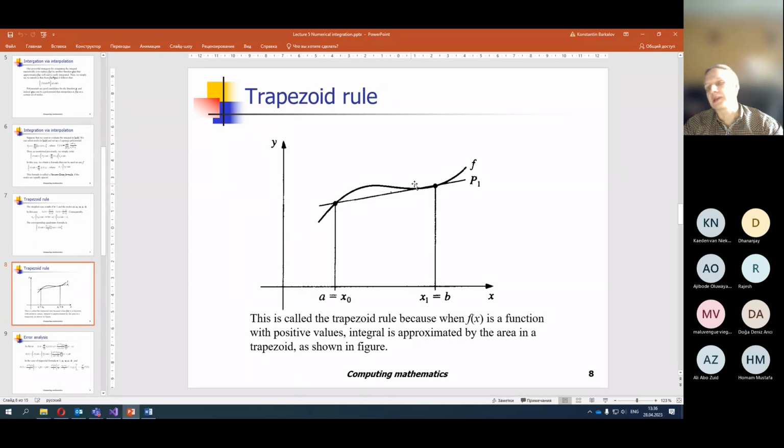And if we consider the area under the curve of the function and the area under the curve of this linear function, you can see that these two areas will be more or less the same, close. This is the difference between these two values.